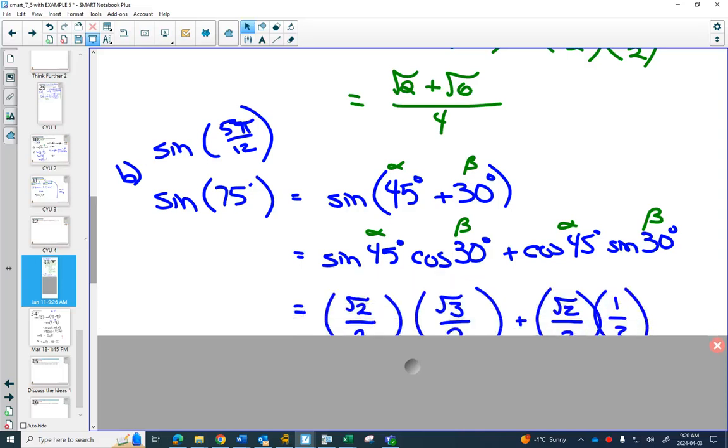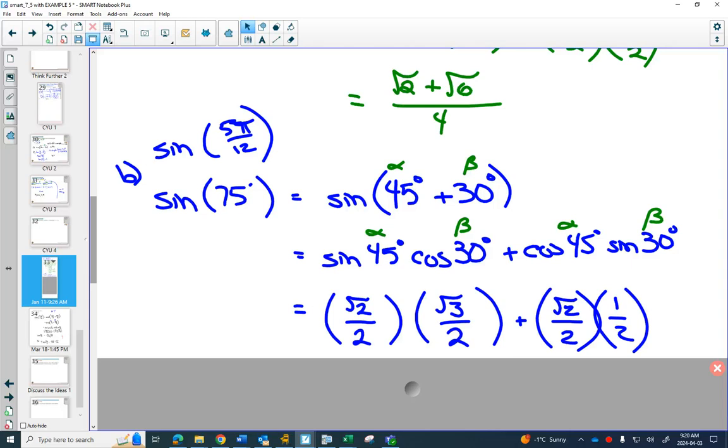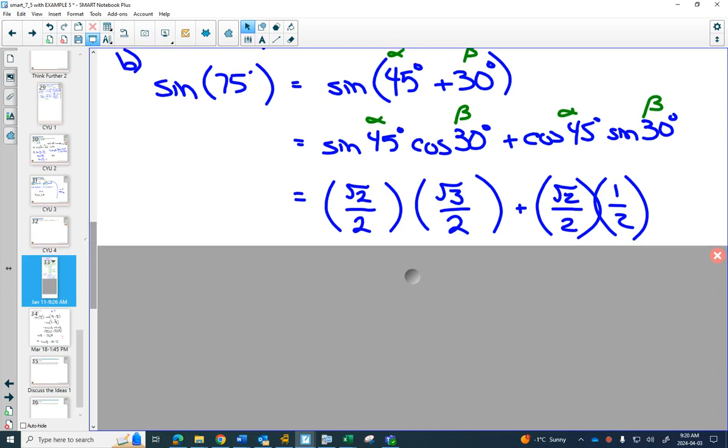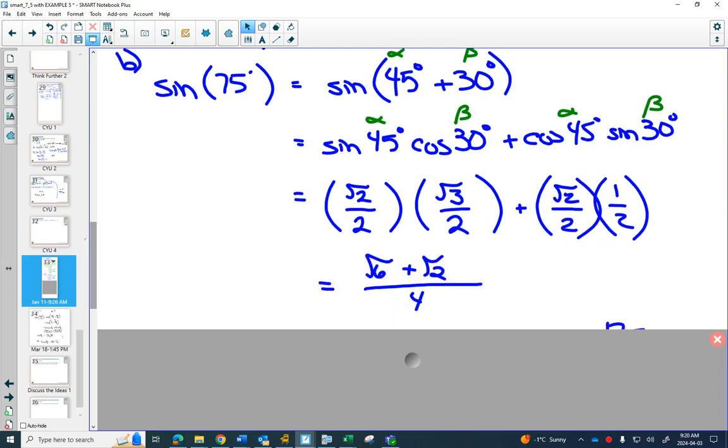And sine of 45 is root 2 over 2, cos of 30 is root 3 over 2, cos of 45 is root 2 over 2, and sine of 30 is 1/2, and you get your common denominator again.